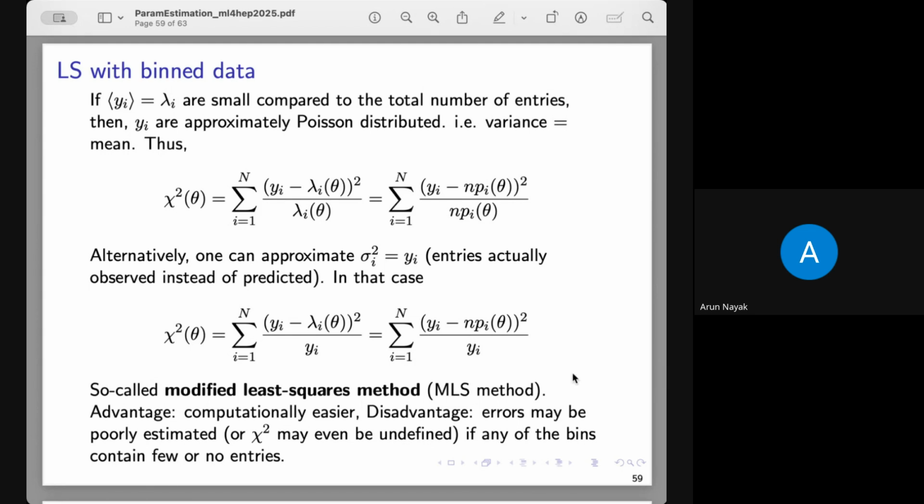This has some advantages, and of course also disadvantages. The advantage is that it is computationally easier because yi doesn't depend on theta, but the errors on theta may be poorly estimated, or chi-square may be undefined in some cases.